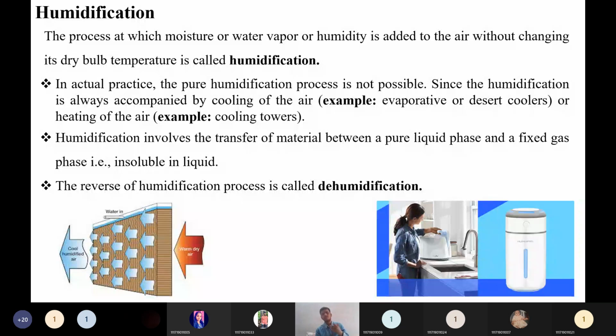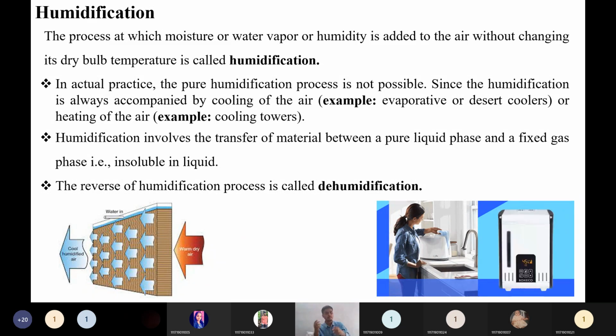In the evaporative cooler, or popularly called a desert cooler, what happens? We will use some pump to circulate the water content. In the backside of that cooler, there will be circulation of water through that honeycomb mesh. So what happens when air is impinging on that circulating water?